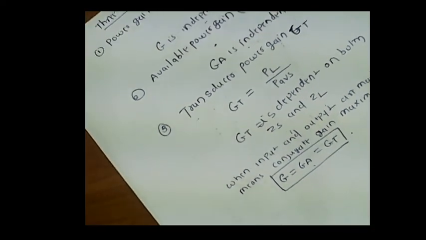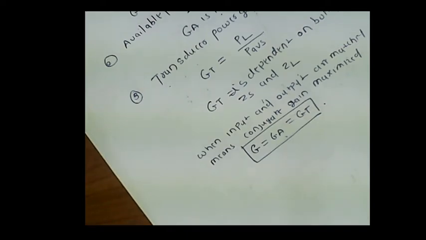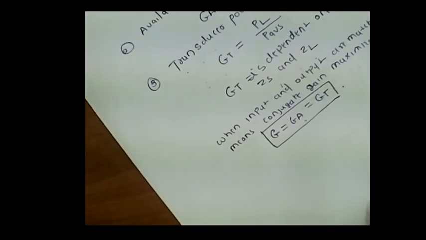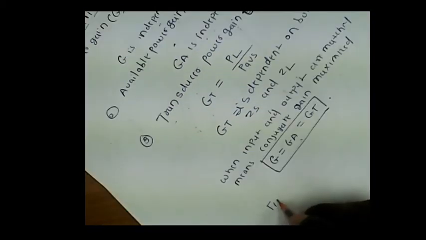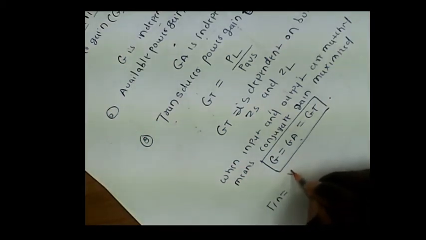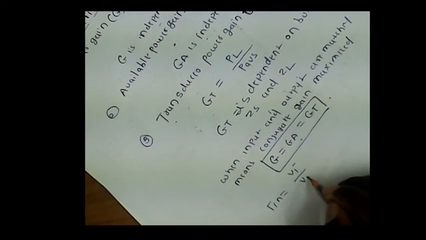Now we will define how to calculate the reflection coefficient from the available source. Reflection coefficient at the input is V in minus divided by V in plus: the reflected voltage at port 1 over the incident voltage. So gamma in is equal to V in minus over V in plus.